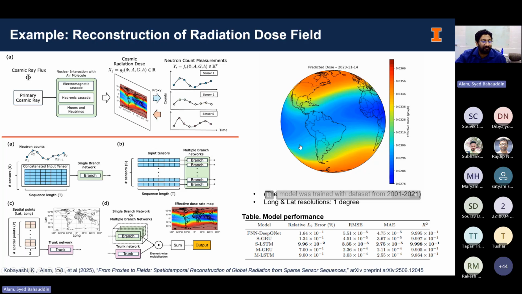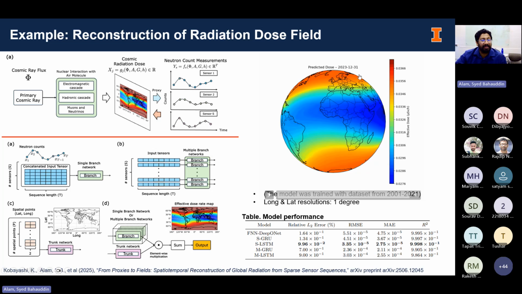It can produce the world's radiation dose field sufficiently and confidently, pretty accurately. But this work is more on nowcasting, not forecasting. Another limitation is that it assumes the prediction field is at a specific elevation. We are not changing the elevation at this point.